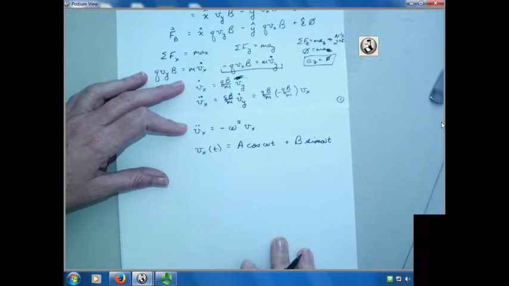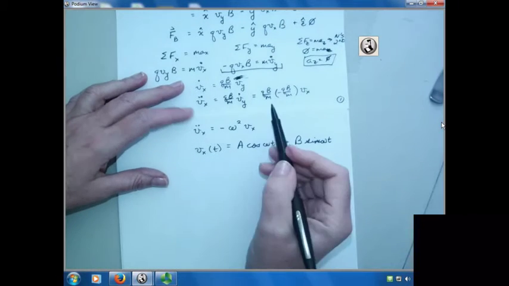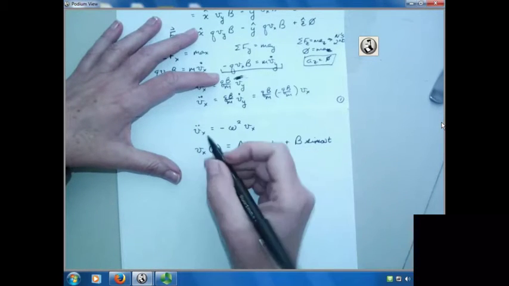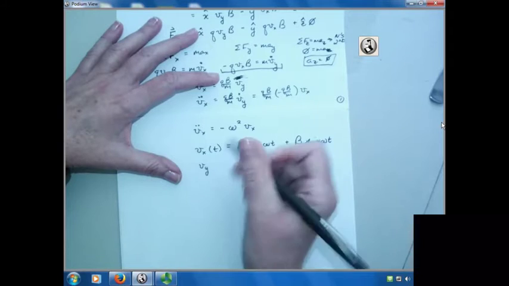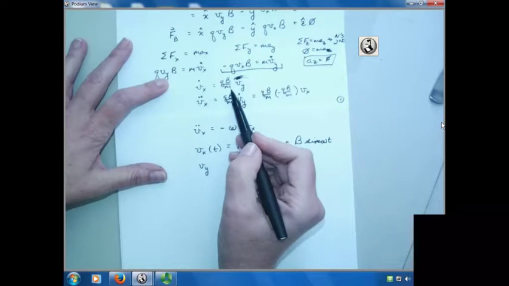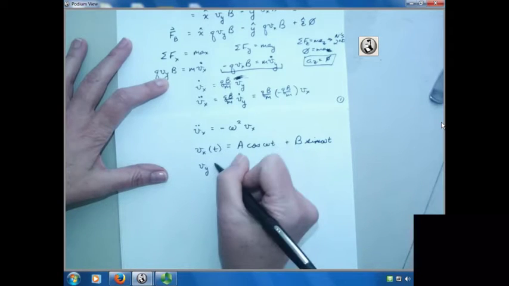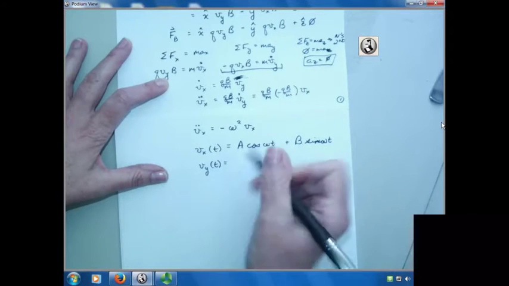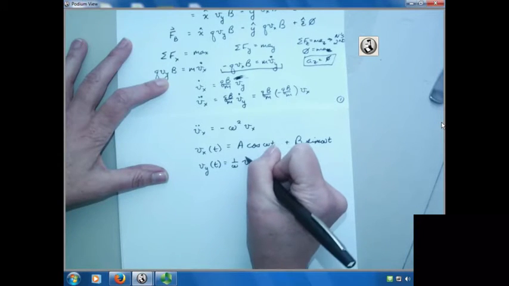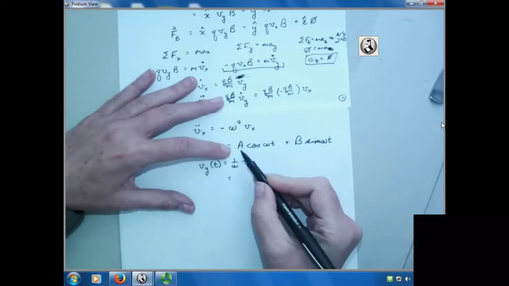All right. And then remembering that Vy is equal to 1 over omega Vx dot, I'd go ahead and take a derivative.